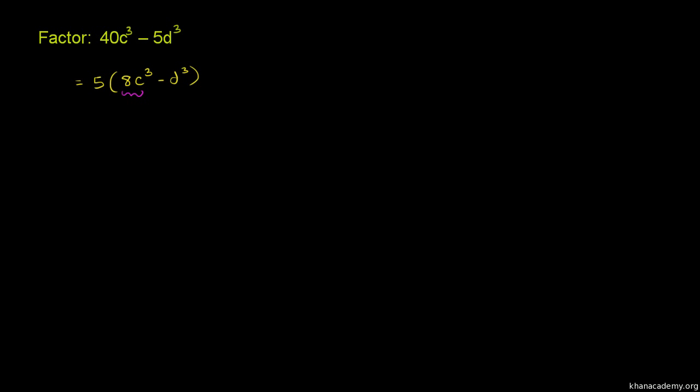Now, once again, this is a special case, and I'll tell you the special case right from the get-go. It's a to the third minus b to the third, I'm just writing it in the general form, is equal to a minus b times a squared plus ab plus b squared.